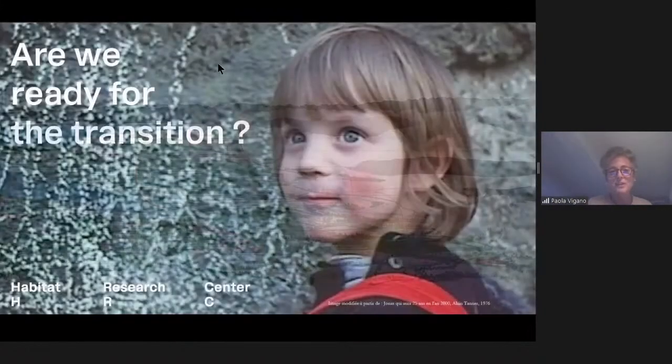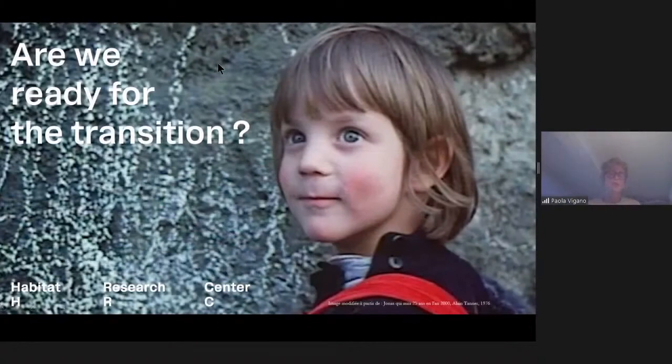And to conclude, this is a picture of the same movie you saw at the beginning, Jonas, who will be 25 in the year 2000, a very important movie of the 70s by Alain Tanner, where in that moment of transition, because that was already a moment of transition and of industrial and social crisis, we're restarting from re-understanding the relation with the soil and rethinking the forms of labor.